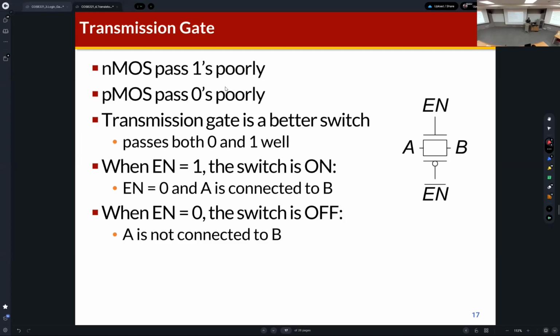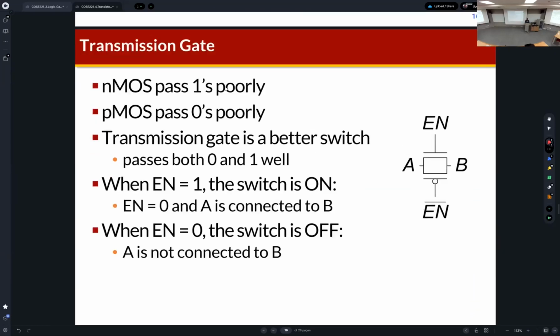It's different from the previous class, where we learned about the basic gates: NOT gate, AND gate, OR gate, and the exclusive one. But this is another type of gate, the transmission gate. For the transmission gate, when enable is 1, the switch is on, and when enable is 0, the switch is off.